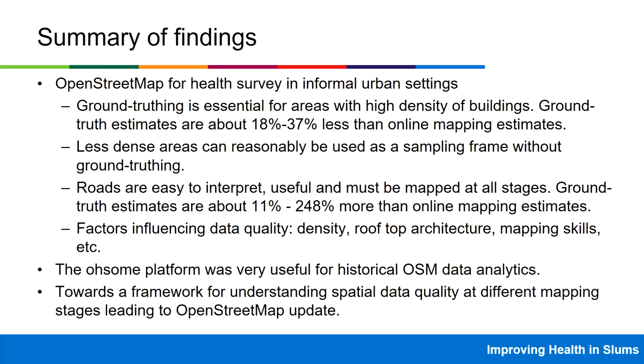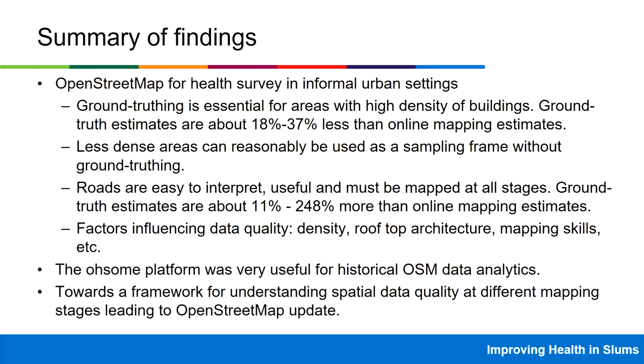And roads are easy to interpret, useful, and must be mapped at all stages. This helped a lot, but you realize that for the roads, they were going higher in stage 3, and we found that those were, because in our context of informal urban settings, usually the footpaths, which we found a bit difficult to identify in the satellite imagery, even though we did some of them.